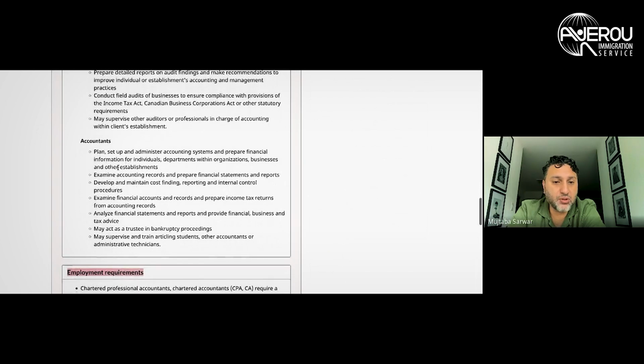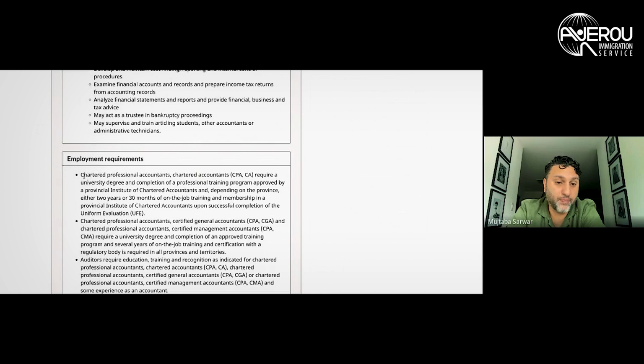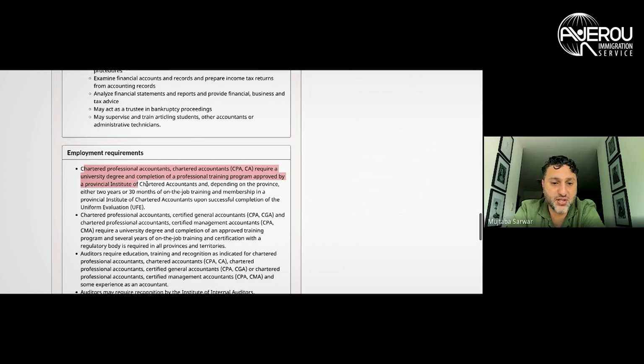But sometimes, in a practical work setting, a bookkeeper might be doing a lot of the duties that an accountant does, right? It's just the way the office might be set up. So, but that's not enough. You also need to know, okay, do you meet any of these requirements, right? So chartered professional accountants require university degree, etc.